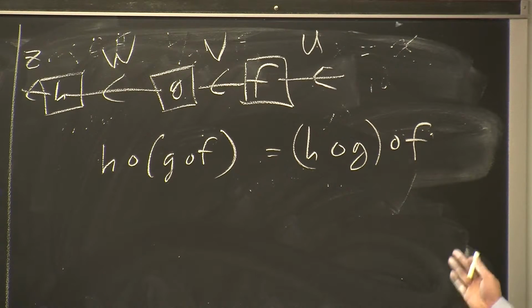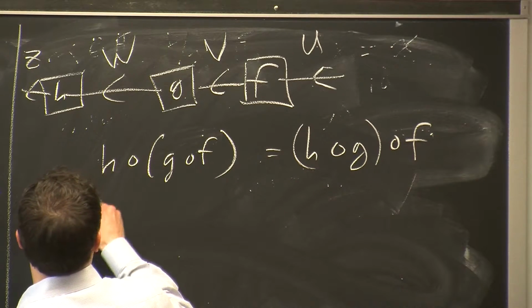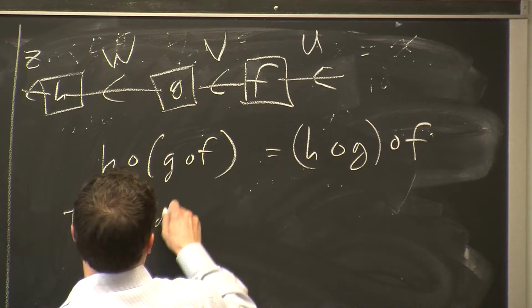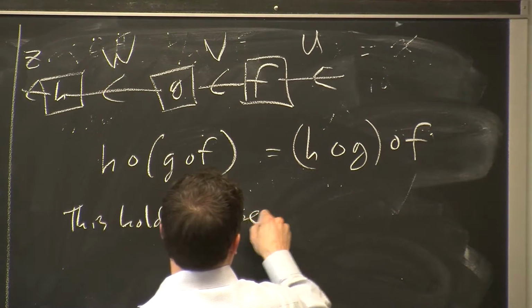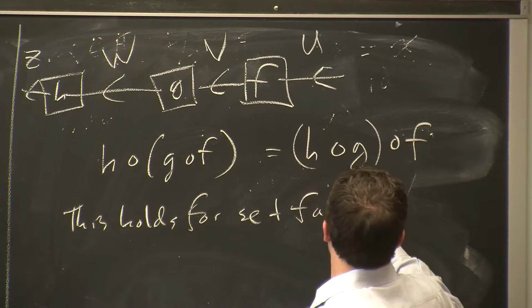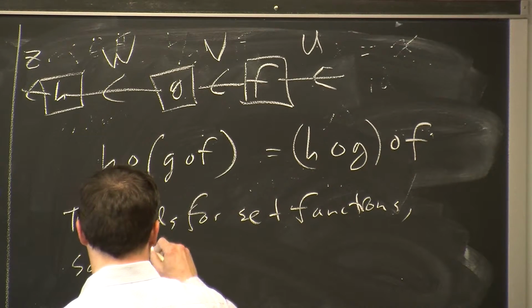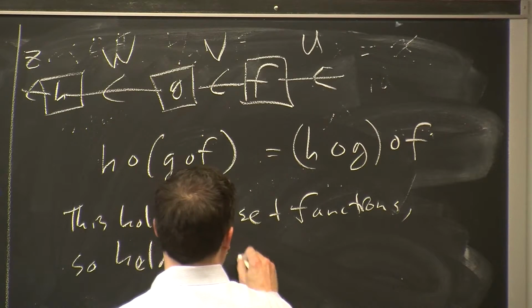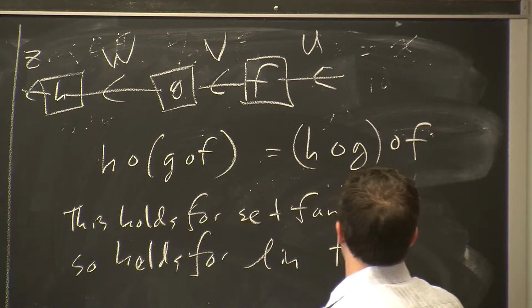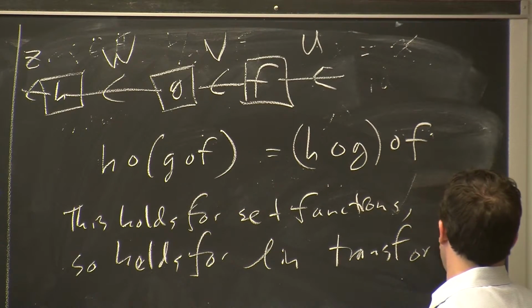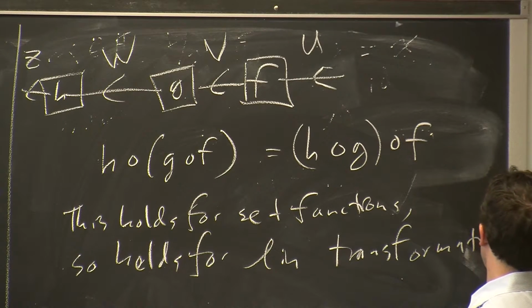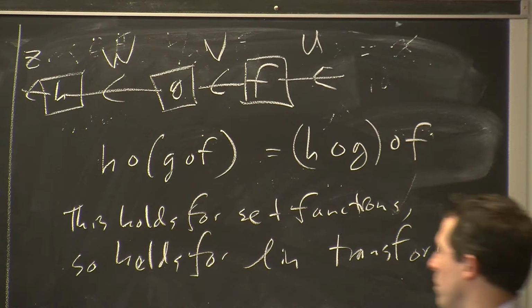Right? That's just a property of functions, and so it's a property of linear transformations. What's this property called? We've seen it before. It's associativity. Yeah.